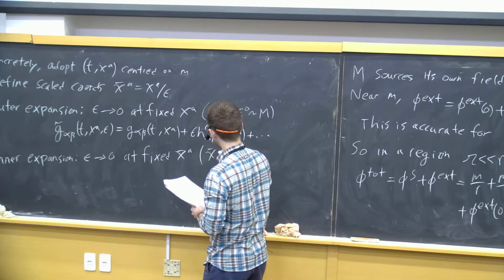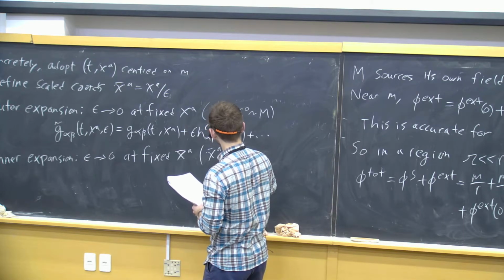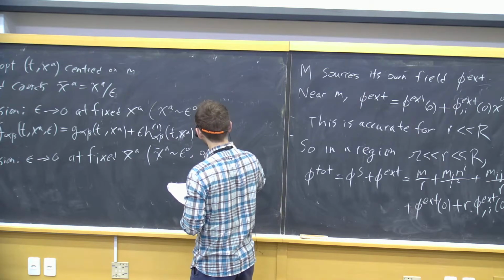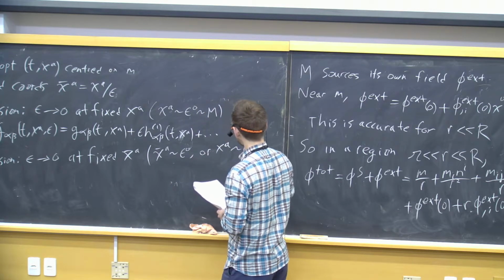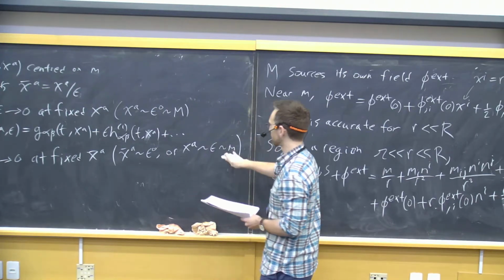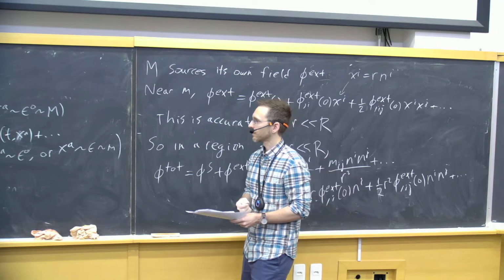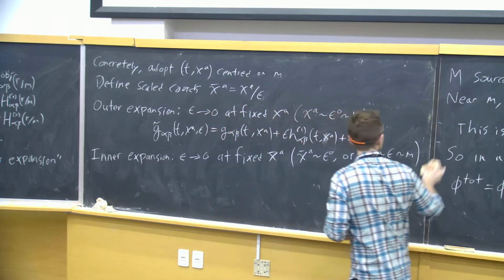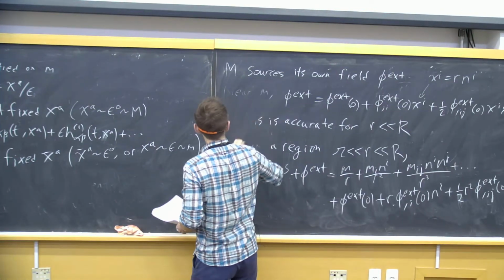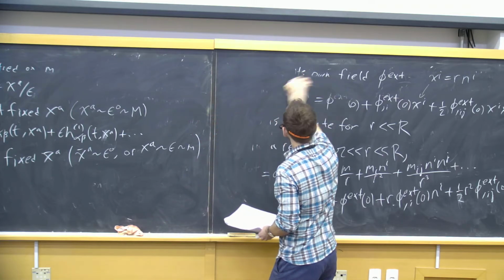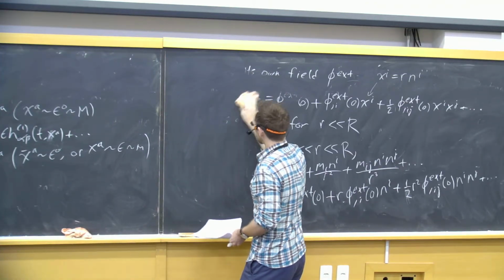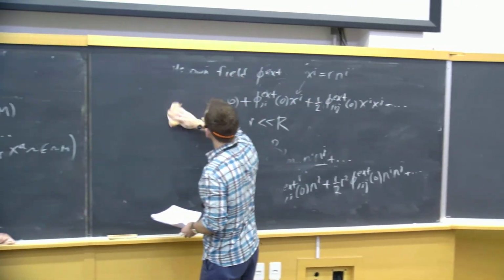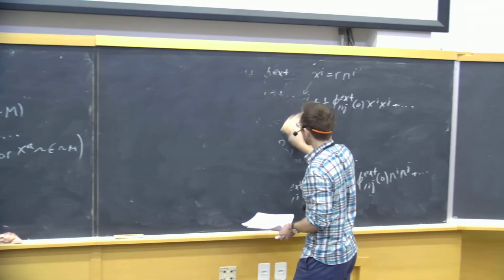So thinking kind of physically, that means that x bar a is of order 1, order epsilon to the 0, which means x^a is of order epsilon, or you can think of that as being of order the small mass. So you can think of this inner expansion as kind of zooming in on the small object, on that small region around the small object. So to illustrate that, I'll just draw a couple plots.